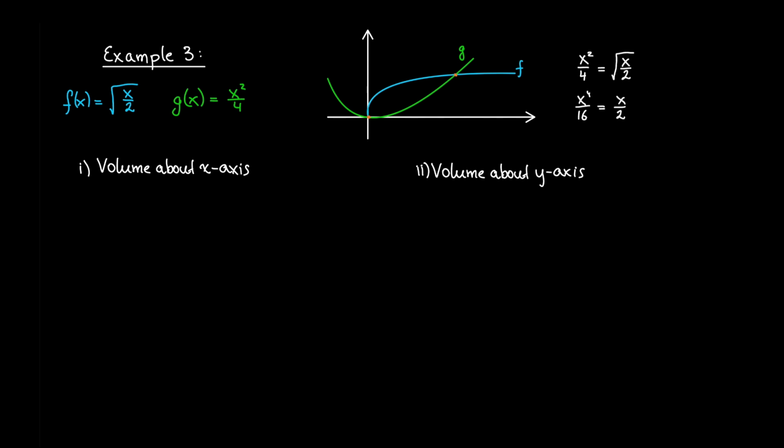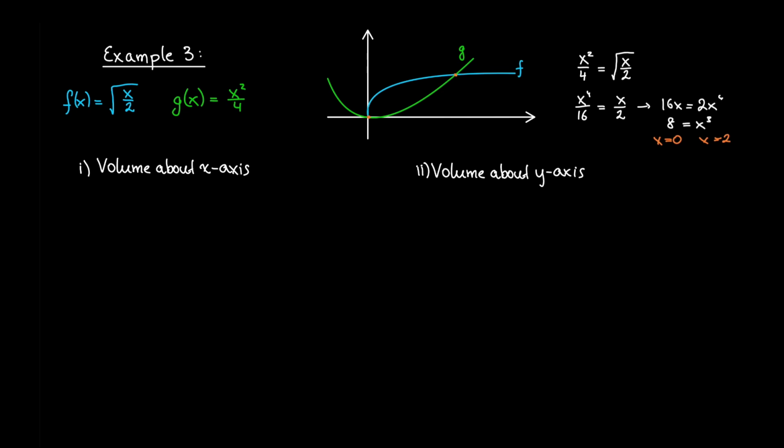Once I equate them, I square both sides to remove the square root, and then I can do cross multiplication, which would give me 16x is equal to 2x to the power of 4, or in other words, 8 is equal to x to the power of 3. And I think two very obvious answers are x equals 0 or x equals 2. So that means these would be the bounds of our integral, from 0 to 2.